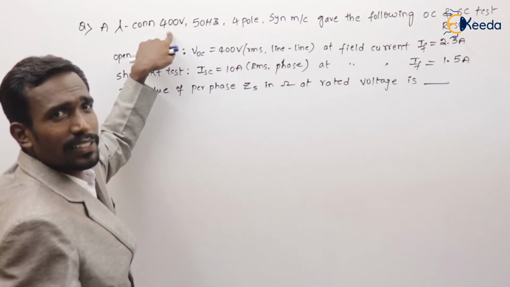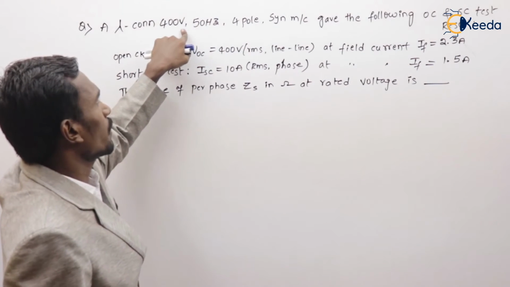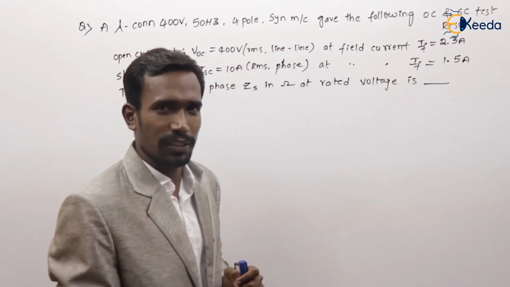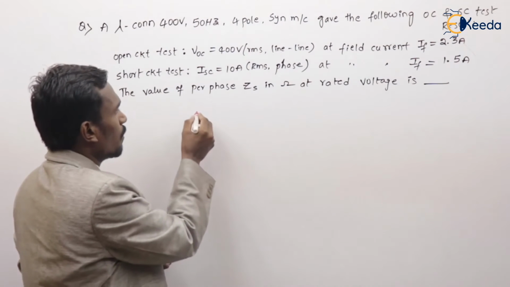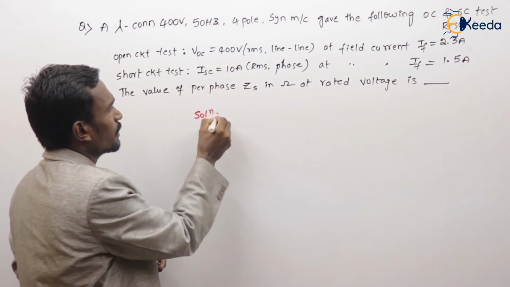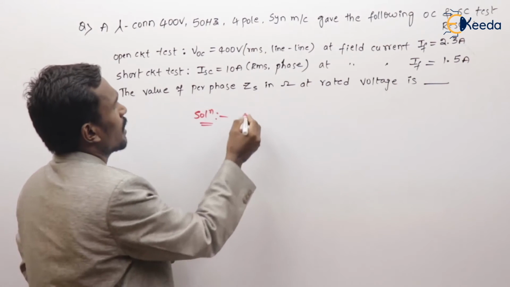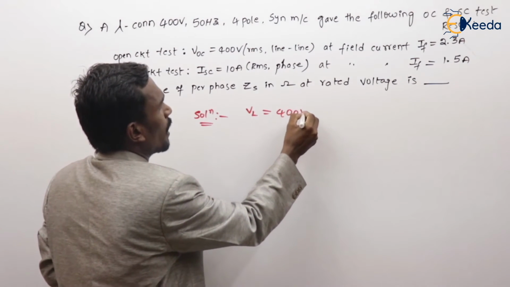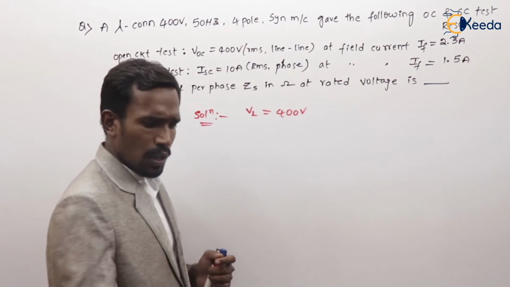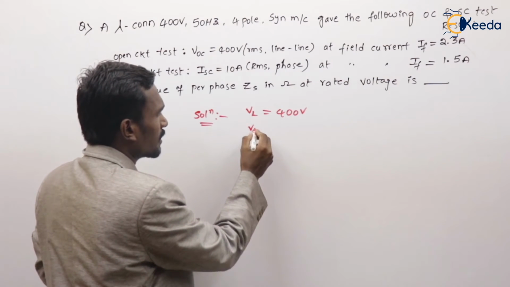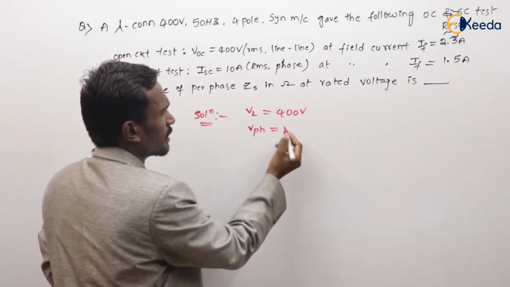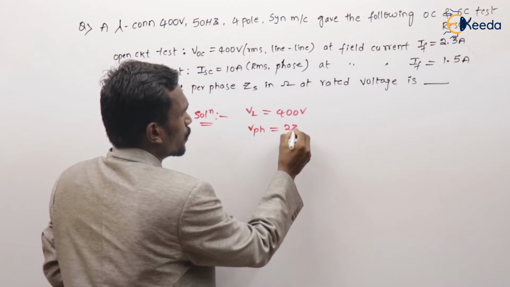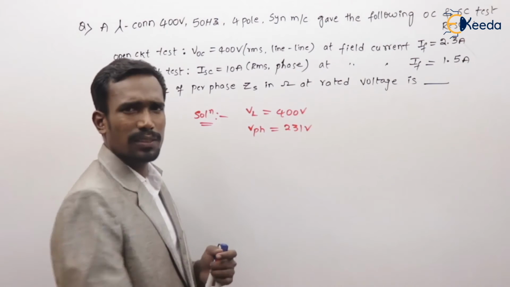A star connected 400 volts, 50 Hz, 4-pole synchronous machine. What is the voltage? Given star connected, the line voltage equals 400 volts. So what is the phase voltage for this? The phase voltage is 231 volts.